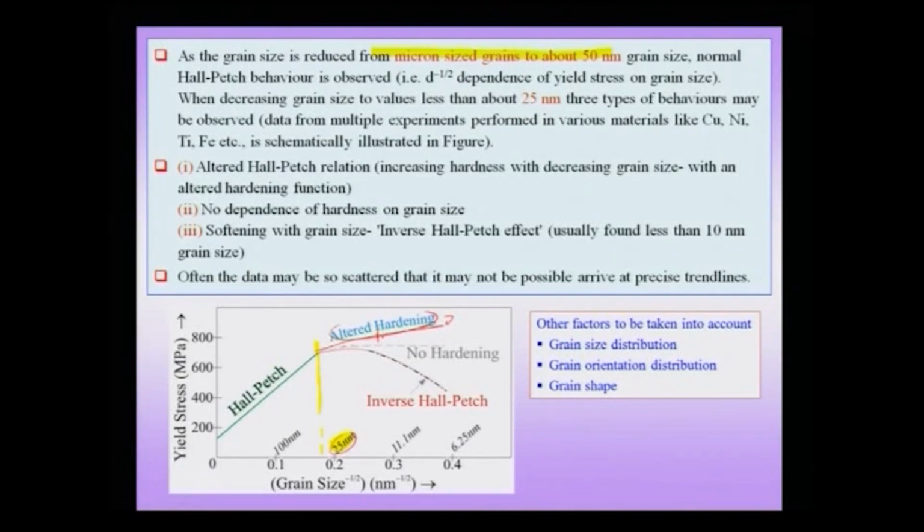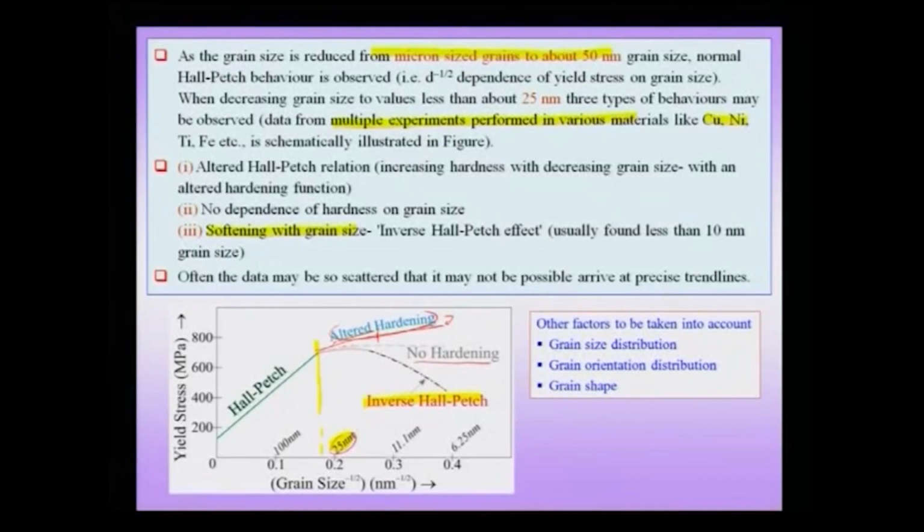But it has been seen that not only can you have altered hardening or no hardening with decreasing grain size, but interestingly you can have something known as the inverse Hall-Petch effect, which means that there is a softening with decreasing grain size. This data has been accumulated from experiments performed on materials like copper, nickel, iron and titanium, and the figure you are seeing below is a compilation of data from many such experiments.